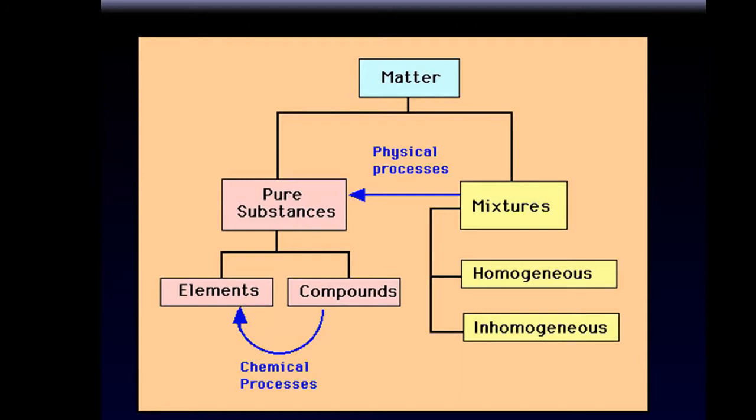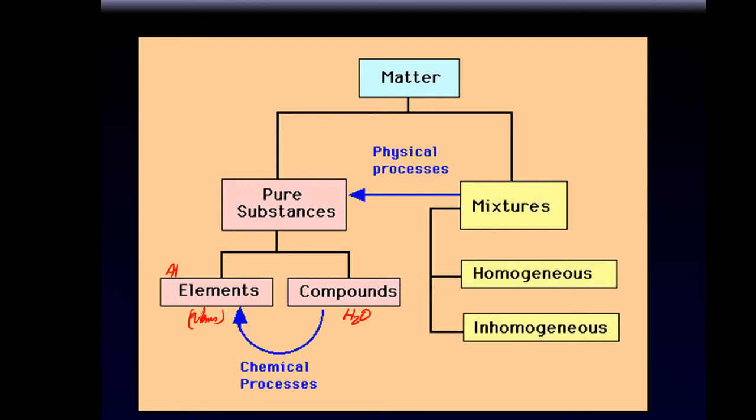Pure substances can be elements, just like atoms, or compounds, which are molecules made up of two or more atoms. An element could be aluminum. A compound could be water. These are still pure substances. If your glass of water is pure, that would be pure water. If you have aluminum foil, that's pure aluminum foil.